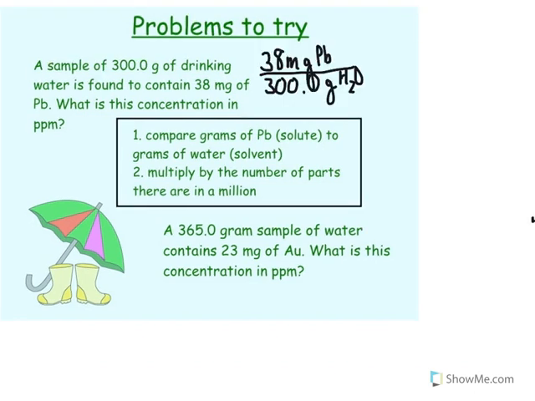But you probably noticed that milligrams and grams are not the same unit, so let's convert the milligrams of lead to grams of lead. Okay, so now we're comparing grams of lead compared to grams of water. And then it says multiply the number of parts there are in a million. So there's a million parts in a million.